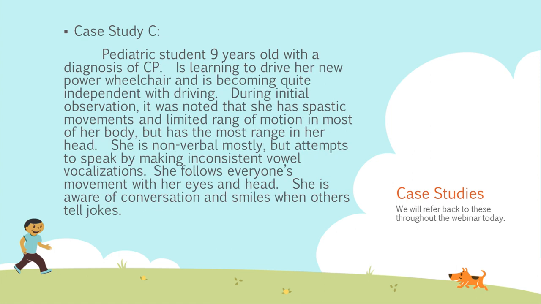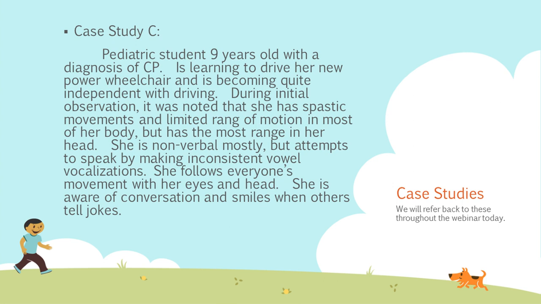Last example, and again we're going to refer back to these throughout the presentation, case study C, a pediatric 9-year-old with a diagnosis of CP. She's independently driving a wheelchair. She's got a new wheelchair. She has a lot of spastic movements. Range of motion is limited in most of her body, but her range of motion in her head is not as limited.